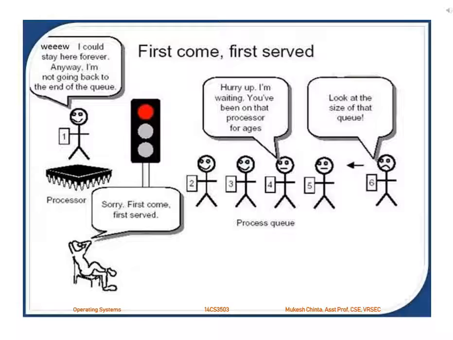After that, the second goes for execution and the third is waiting. Like this, first come first serve works.